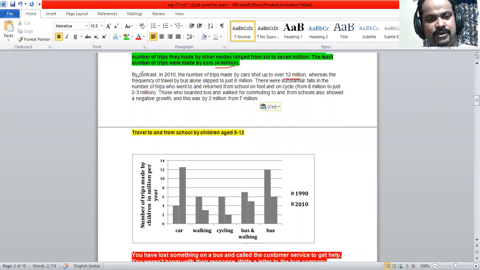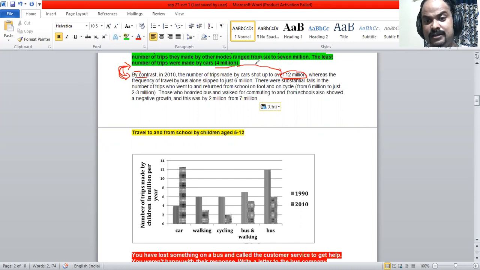So even though these things are in two different paragraphs, you can say that they are well connected by the phrase 'by contrast', and the number is already there in the previous sentence. From where it went up to 12 million, it's from 4 million. So it is connected.